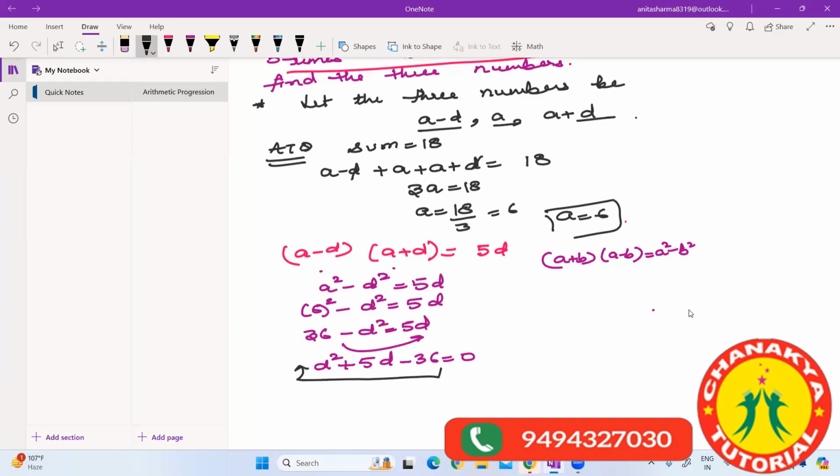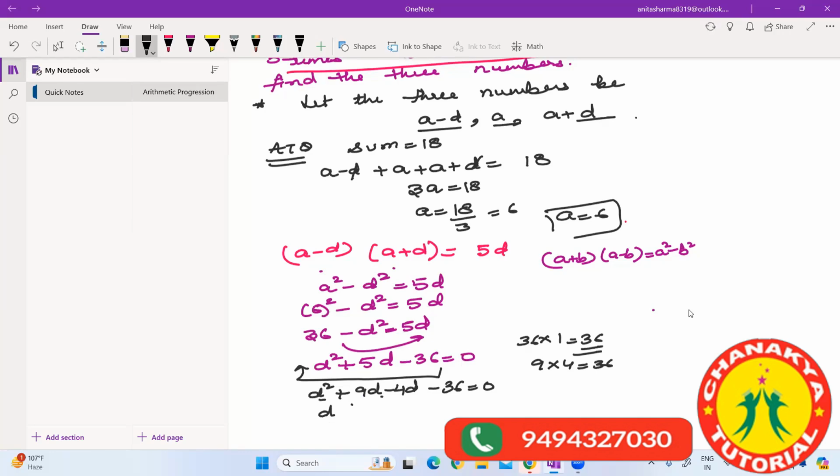Okay, beta, see. For middle term splitting, you will multiply the last term by the coefficient of D square, so it will be 36, beta. Now we have to make factors of 36 so that by adding or subtracting those factors you will get 5. So 9 into 4 is 36. So we can write D square plus 9D minus 4D minus 36 is equal to 0.